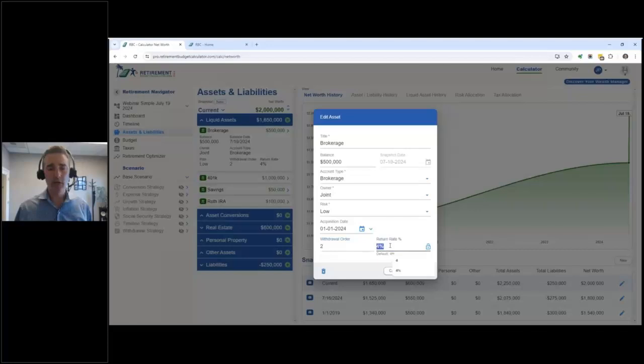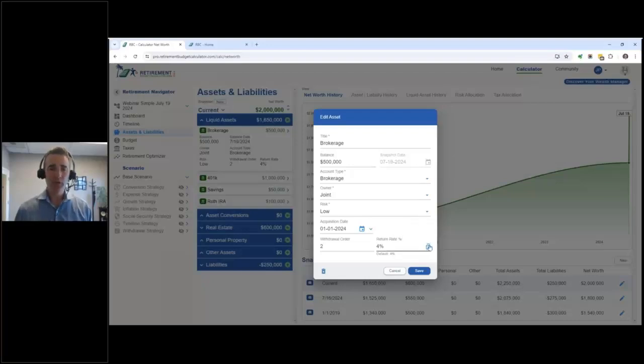So when you're entering rates of return, assuming that you're going to have a diversified portfolio across stocks and bonds, and you assume just a 4% growth rate, if you use a 4% rate of return and the numbers all look really good, then that's going to give you a lot more confidence than if you plug in 7% or 8% and then you miss that target. That could be really devastating. So I'd highly encourage you, whenever you're doing planning, hope for the best, plan for the worst.